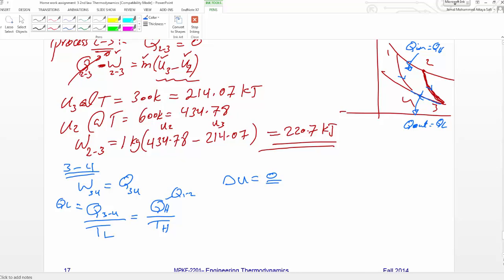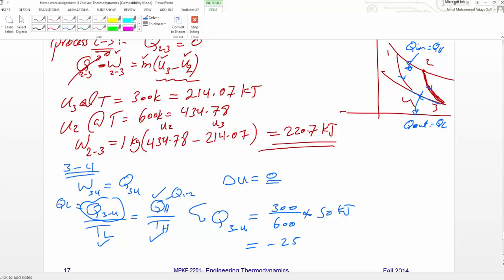Now, what do I have? I have this, and I have this calculated, and I can find this one. So I can write here Q 3 to 4 is actually 300 divided by 600 multiplied by 50 kilojoule, and that's going to give you minus 25.